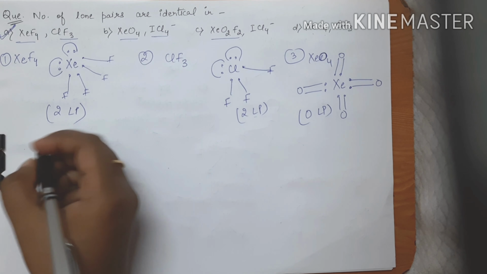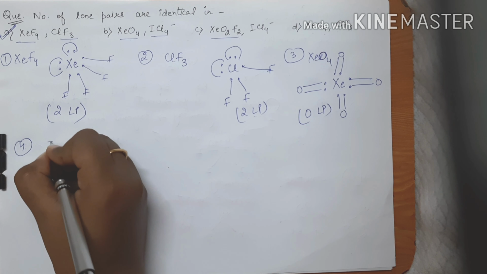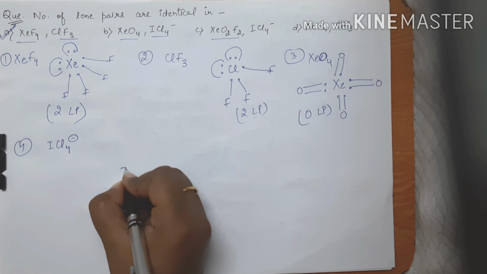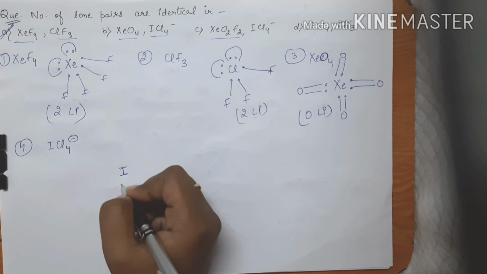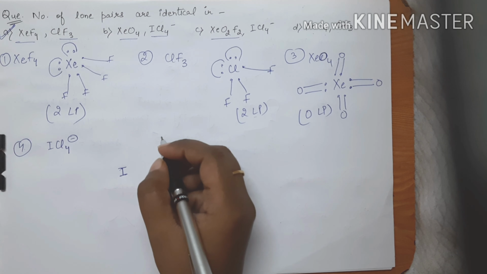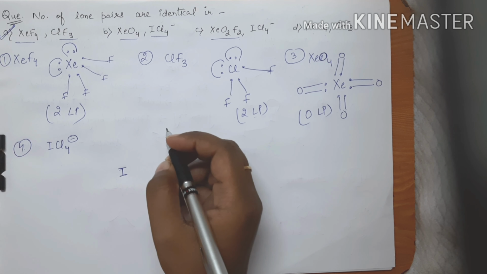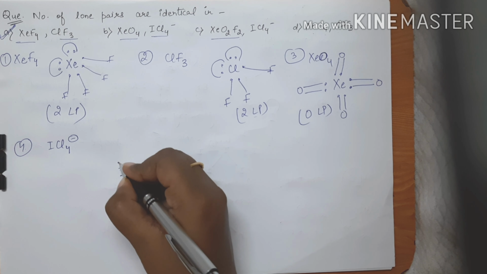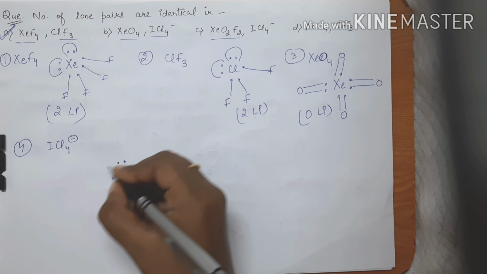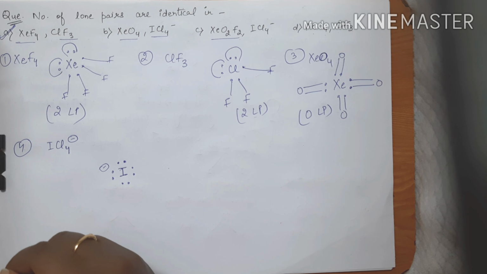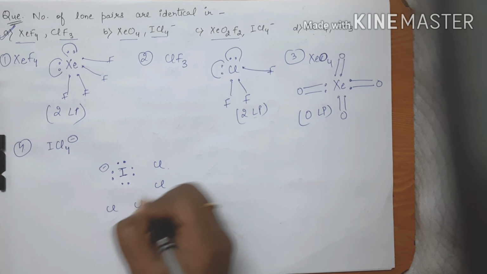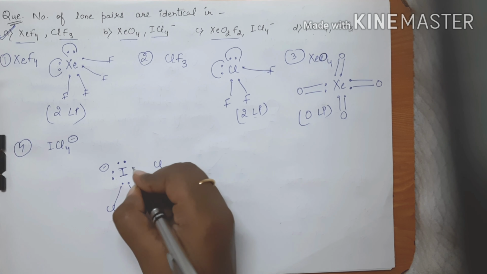Now the next structure is ICl4 negative. Here the central atom will be iodine. It also has a negative charge, that is, it will have 1 extra electron along with the valence shell electrons. So iodine will have 7 valence shell electrons along with 1 extra electron due to the negative charge. Now this iodine is attached to 4 Cl atoms via sigma bonds like this.